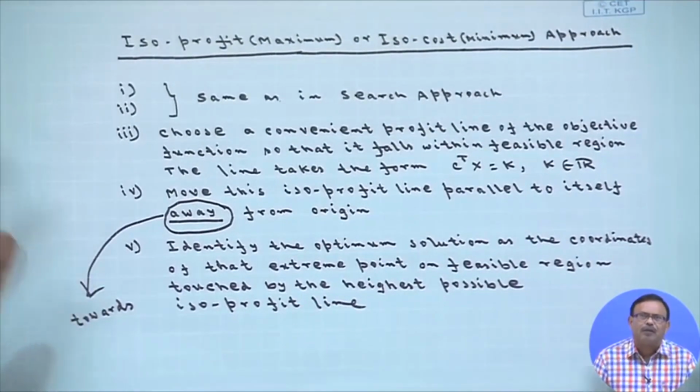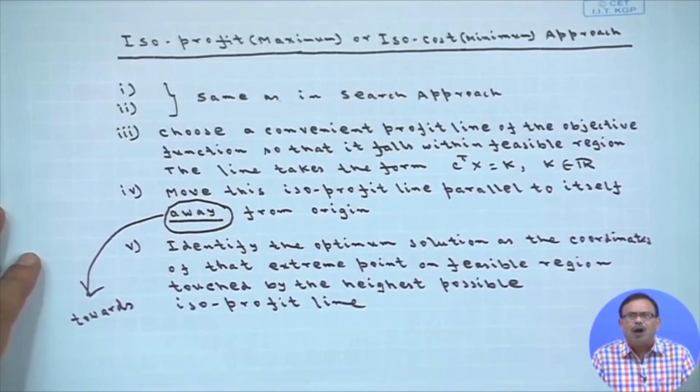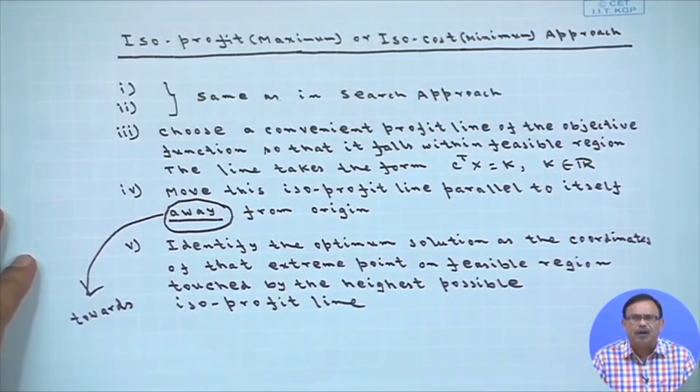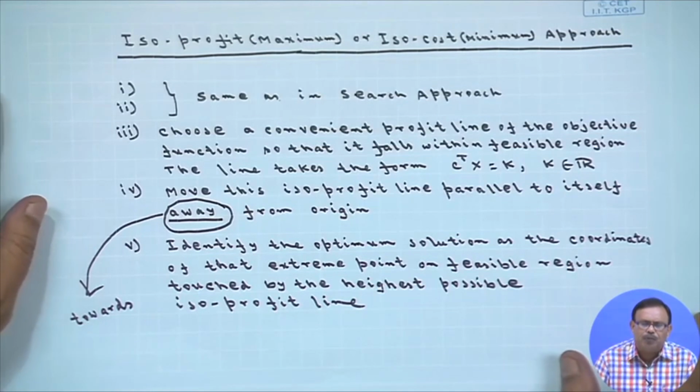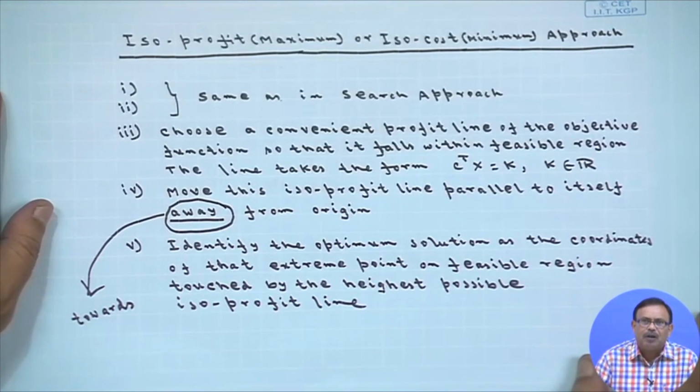For finding the solution of an LPP graphically, we will go through both the search approach as well as the ISO profit or ISO cost approach. The same problem we will try to solve in both ways, so that you can understand how it works.